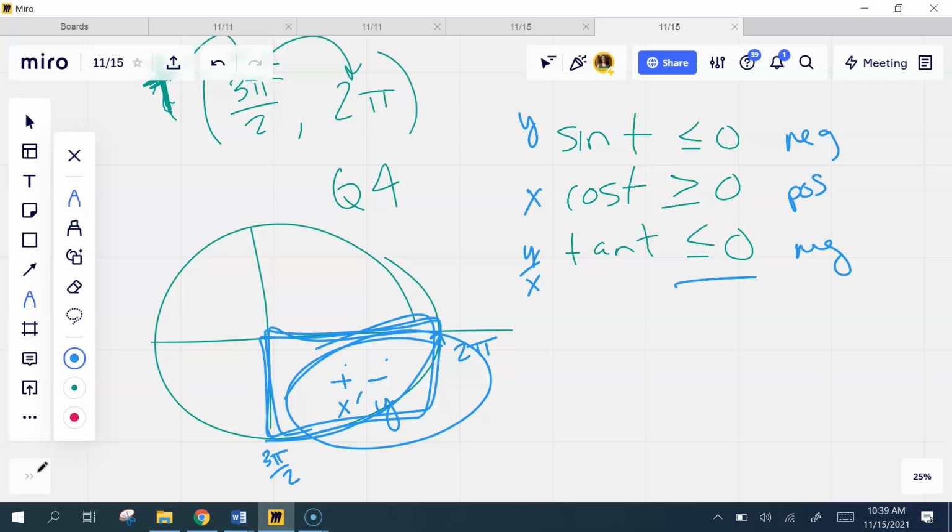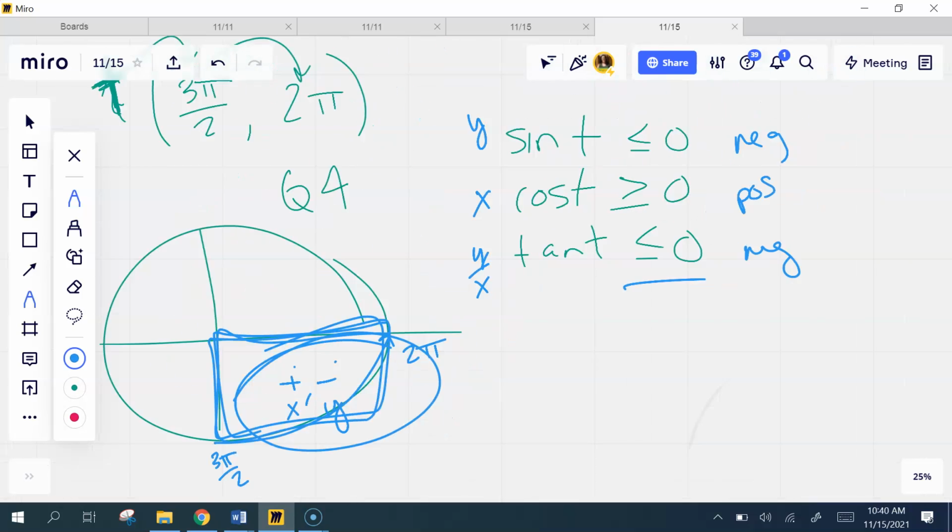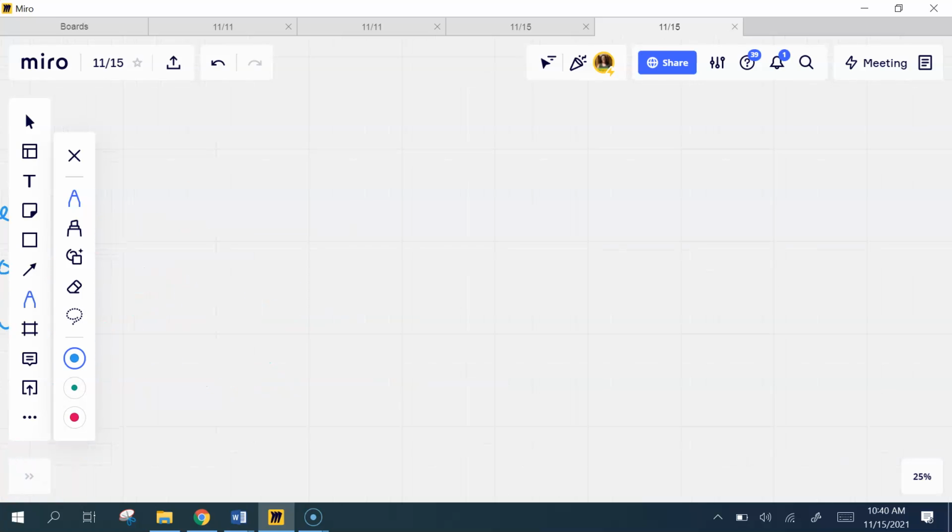I'm almost done with this part before we graph sine and cosine. This is really just some applications of the unit circle to make sure you understand how to use it.